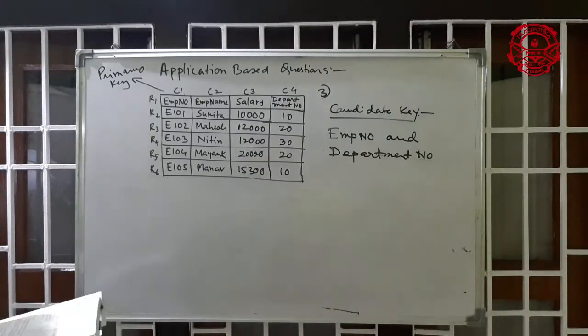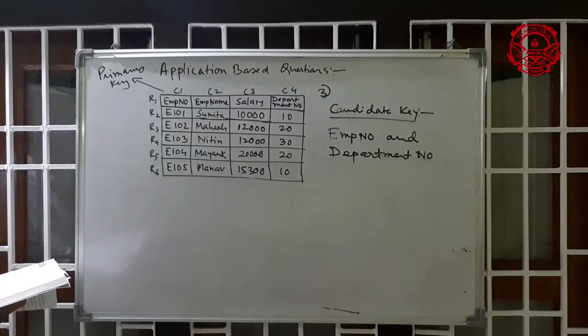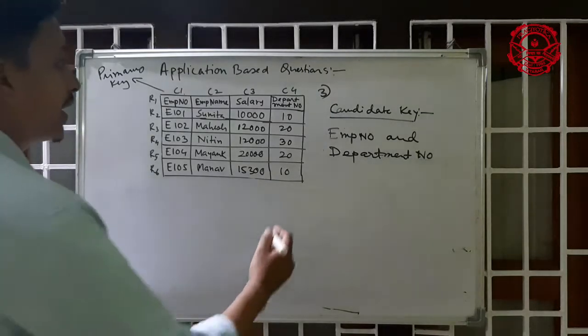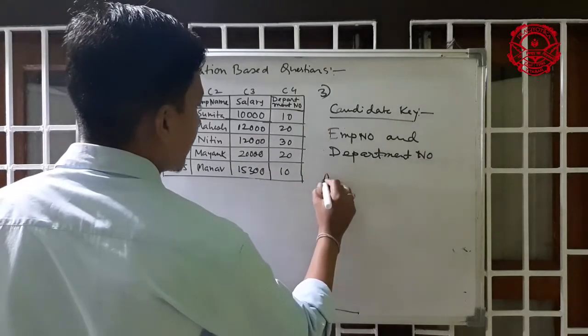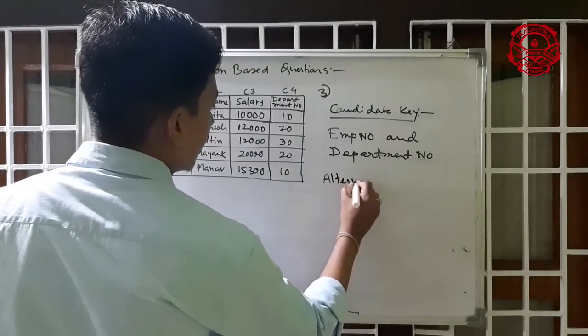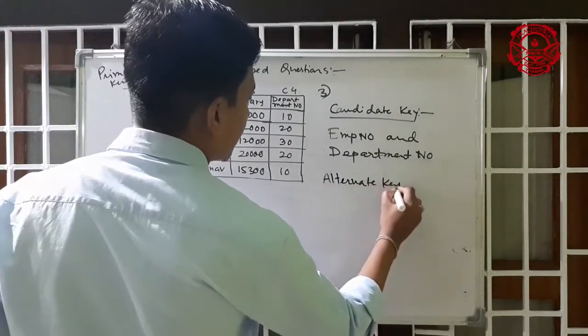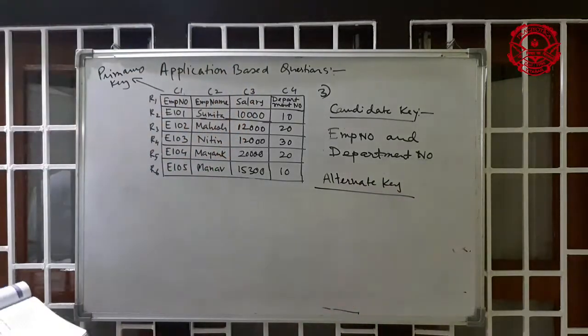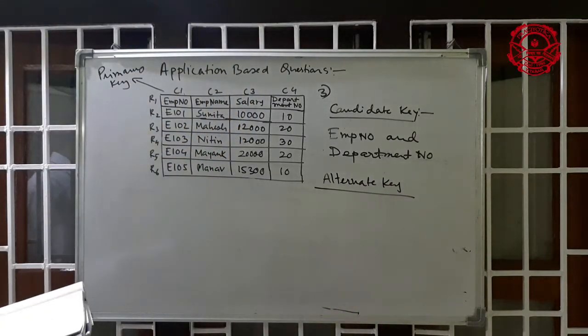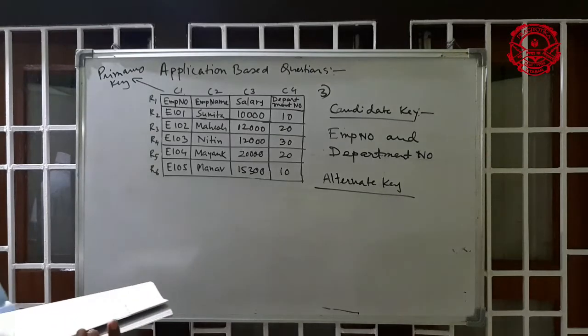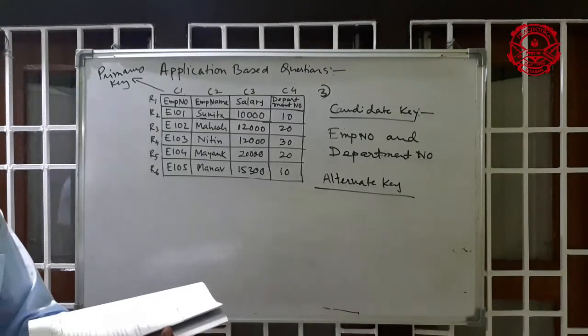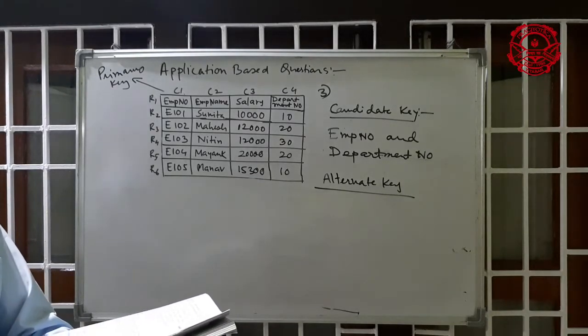Now next question is what? Alternate key. Which one is alternate key? So, what is the meaning of alternate key? Alternate key means a candidate key of a table which is not made its primary key.